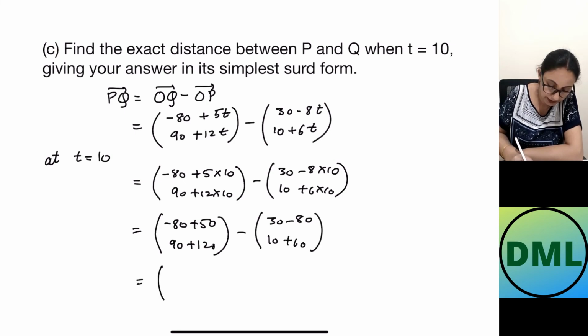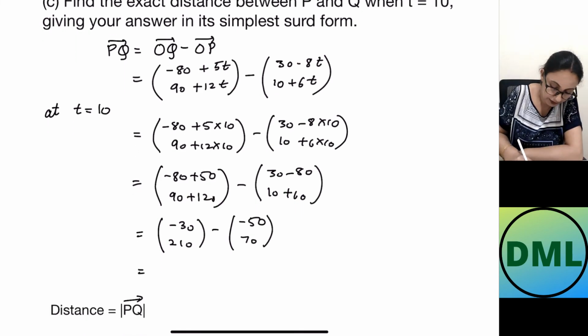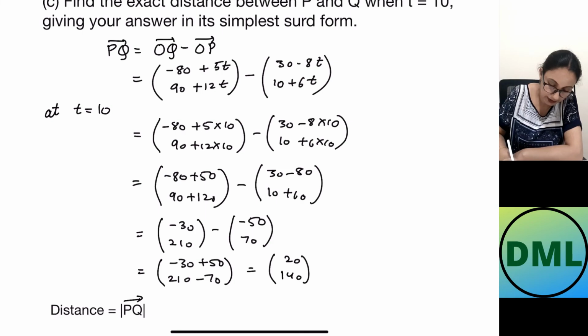So that will be written as minus 30, 210 minus of minus 50, 70. If I add it, minus 30 minus of minus 50 is plus 50, and 210 minus 70. So if I solve it, that will be 20 and 140. That will be the distance PQ.